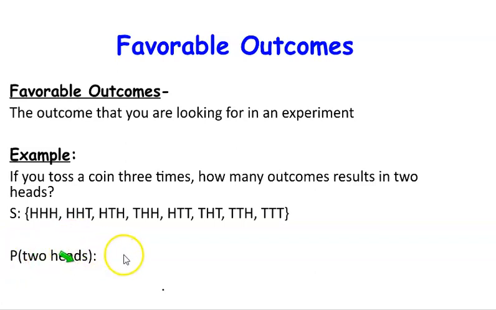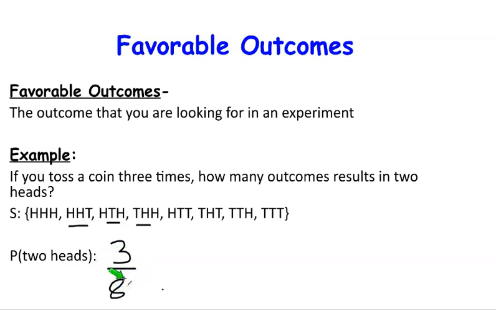It's asking for 2 heads, it's not asking for 3 heads. So technically you would not include the first one, HHH, because that's 3 heads, right? So count all the ones that have 2 heads. 1, 2, 3. So the probability is 3 out of 8. That's your answer.